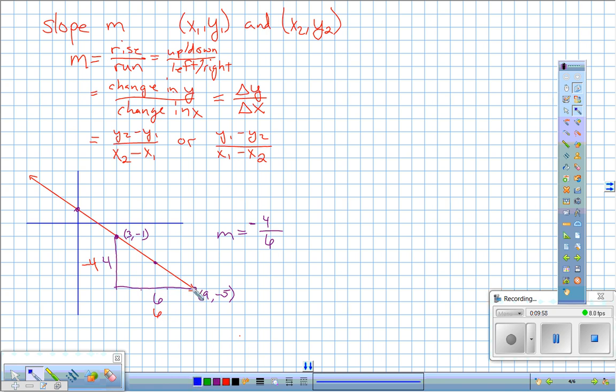Another way you could also think about it is if I started here and went to (3, -1), I went left 6, which is -6, and then I went up 4. Either way, I'm still going to get that -4/6, which will reduce down to -2/3.